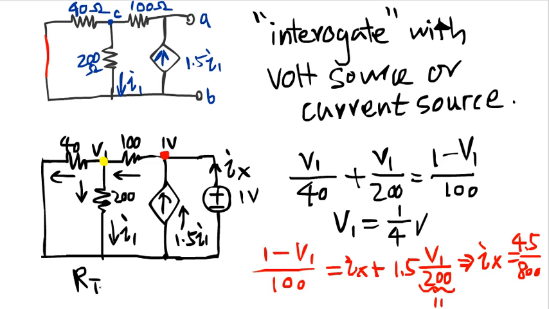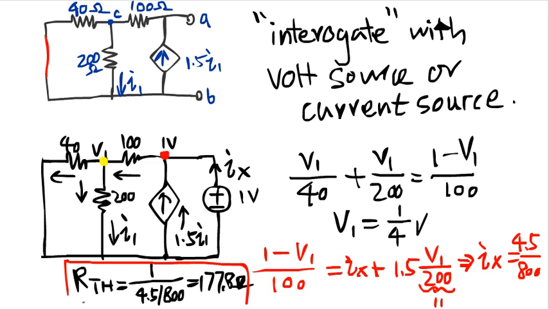And the RTH value would simply be 1 volt divided by Ix. And this is 177.8 ohm. That's the final answer for RTH. And there we have it.